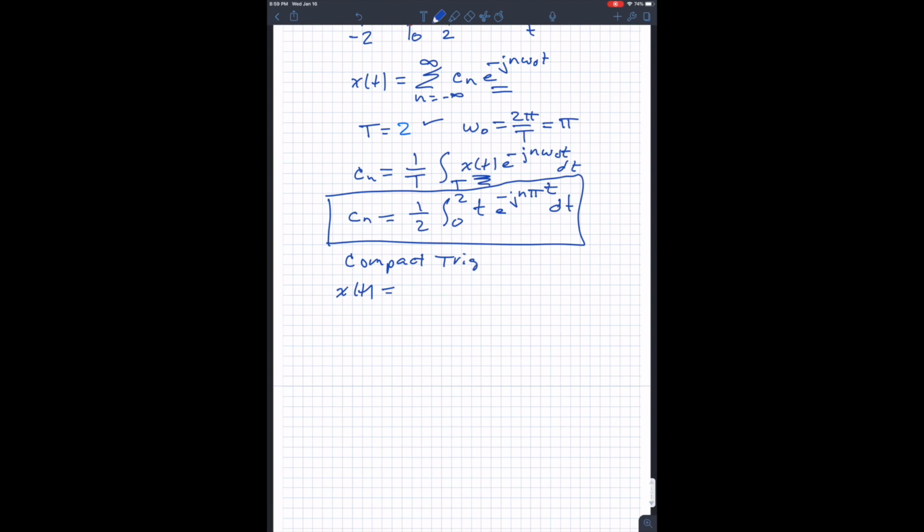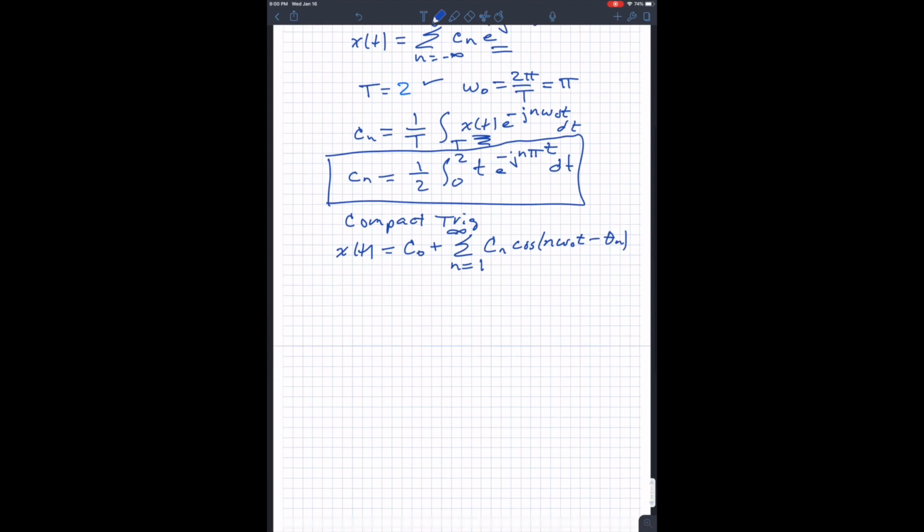x of t is going to be some c naught, that's the DC component, plus sum from n equal 1 to infinity of capital Cn cosine of n omega naught t minus theta n.